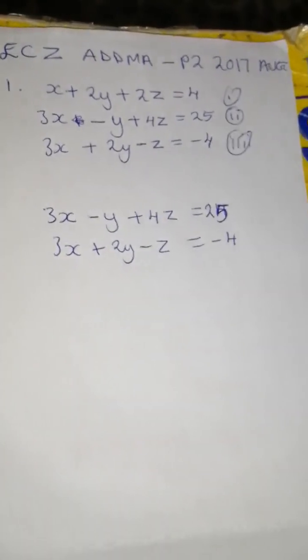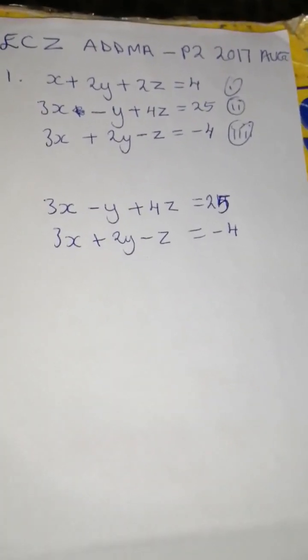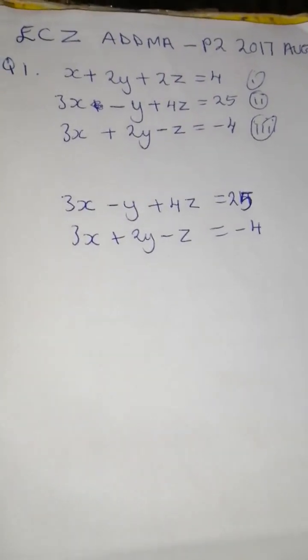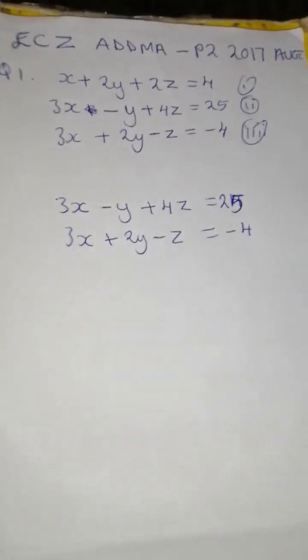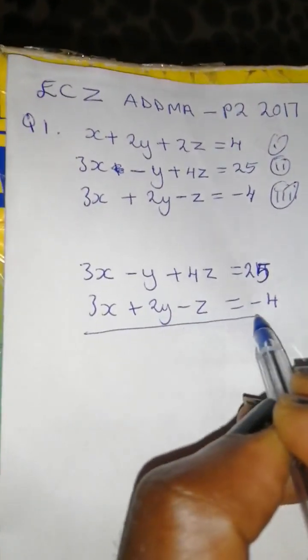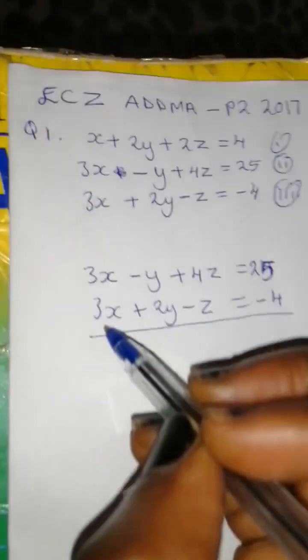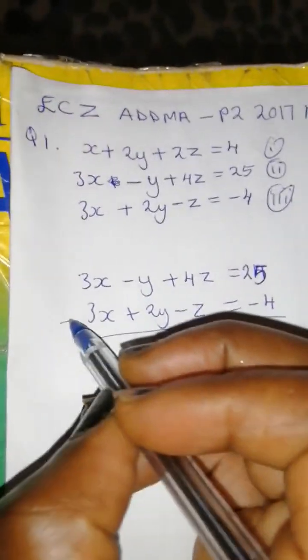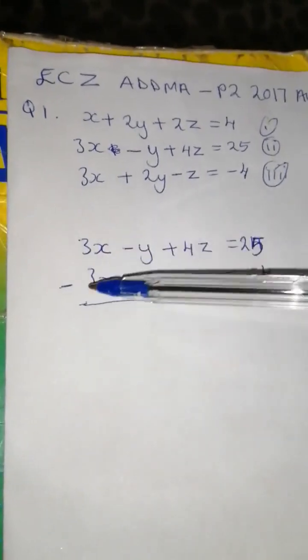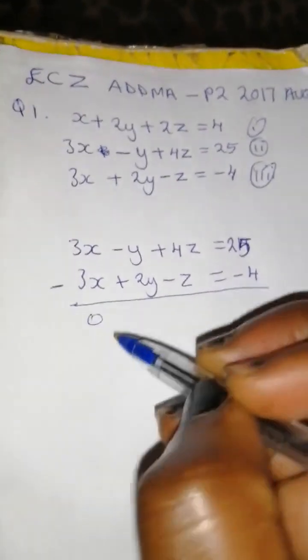The first thing we need to do is to remain with two variables. So eliminate one, remain with two variables. So we're going to eliminate x. And when I look at these equations, solving them simultaneously, I can simply subtract. When I subtract them, x will be eliminated because 3x minus 3x will give me a 0.